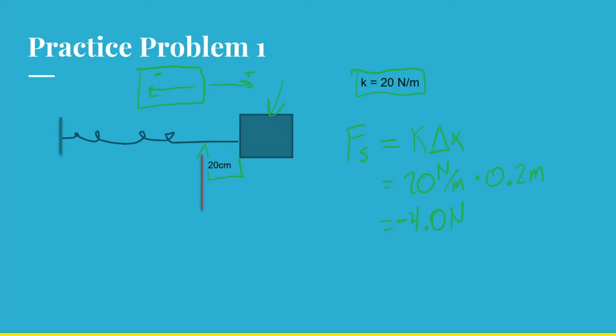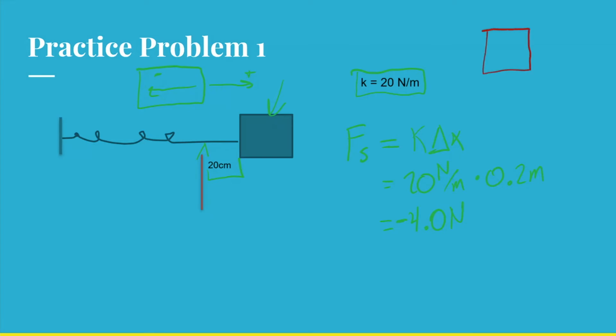Now, imagine the problem here was asking you, whoever you are, have taken your hand and pulled this weight backwards, and you're holding it in place. When you see a problem like that, the first thing you should do is draw a free body diagram.